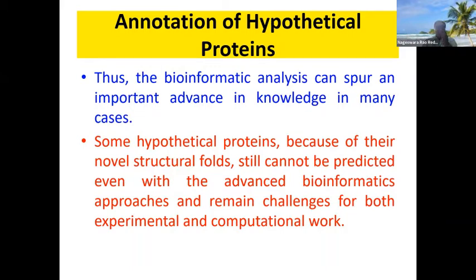This can be the function of a protein. And then we design a new experiment and confirm it in the lab. And this is how a putative protein or hypothetical protein function can be known.